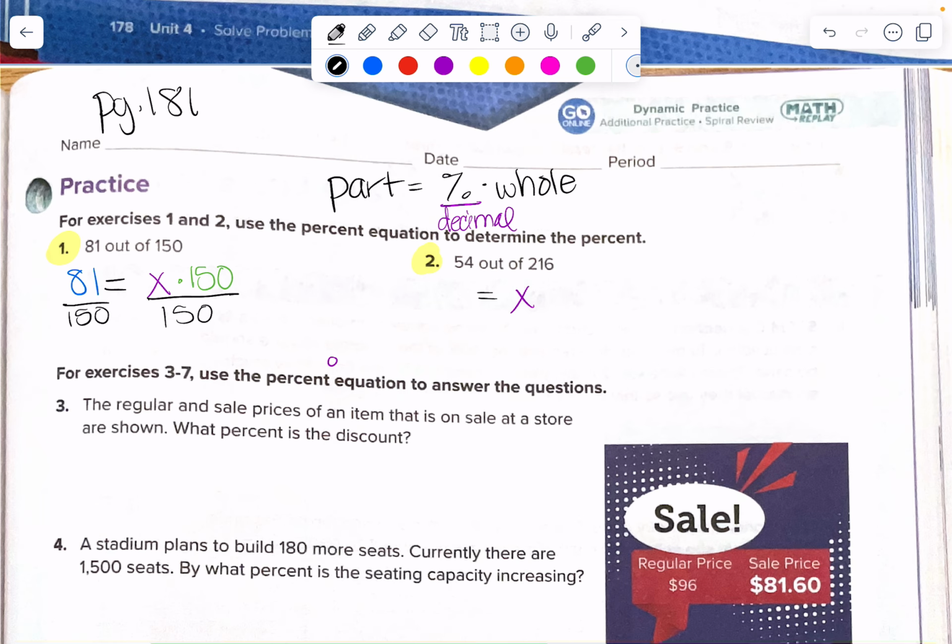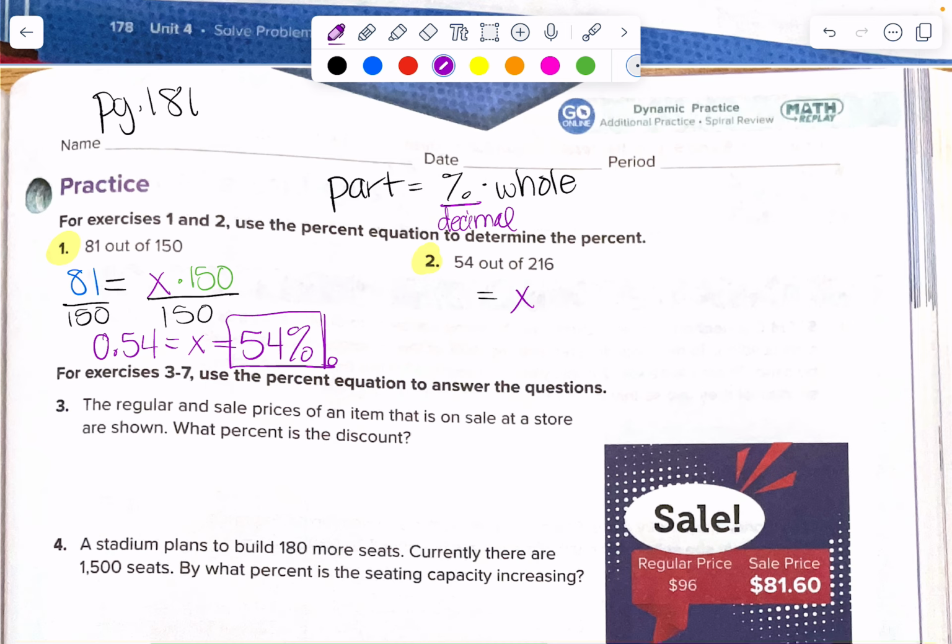Make sure you type in the 81 first. When you divide 81 by 150, you get 0.54. Remember, this is the decimal form, not the percent form. So to calculate that into a percent, we move our decimal 2 places over to get 54%.